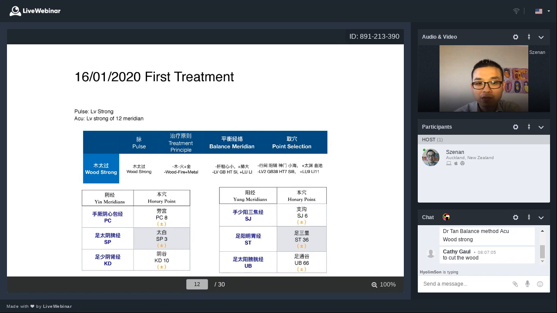Then for the rest of the meridians, I use Harari points: PC8, pericardium, and Sanjiao 6. Spleen and stomach, spleen 3, stomach 36. Kidney 10, and UB 66.